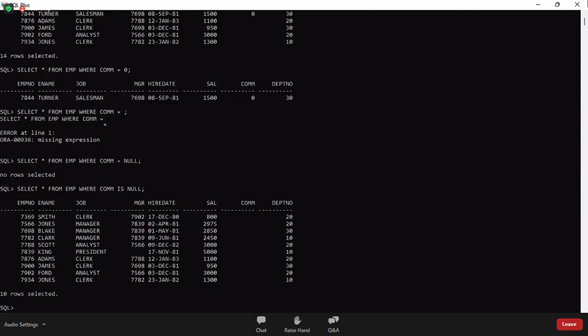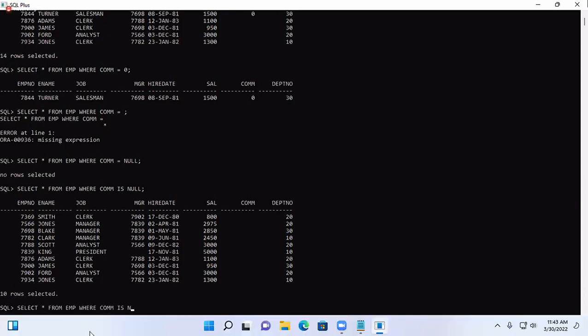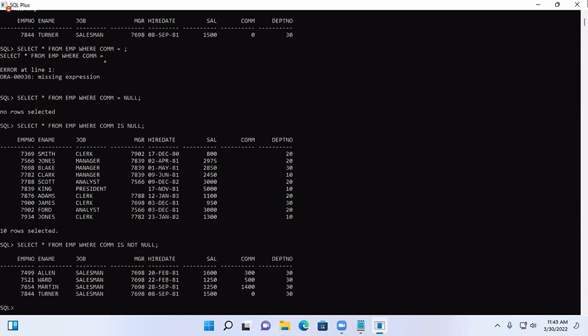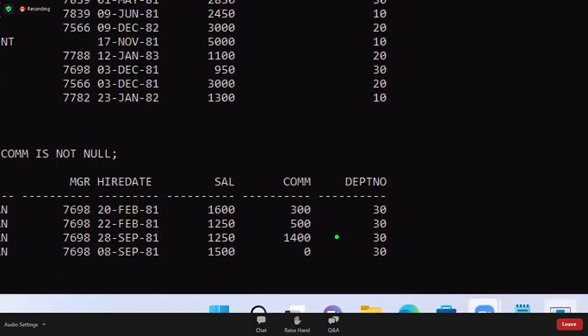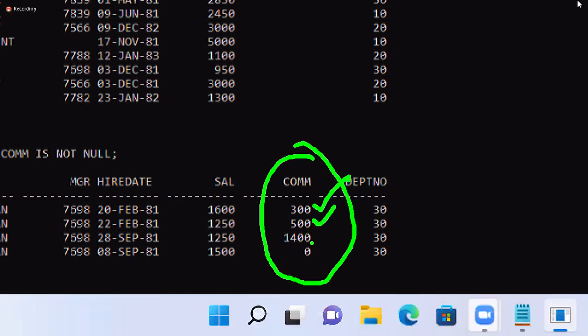Let me come out and see. To write it, IS NOT NULL, and now I'm executing. Can you see the people coming out here? How many people came? 4 people: 300, 500, 1400 and 0. So that means 0 is not equals to null.